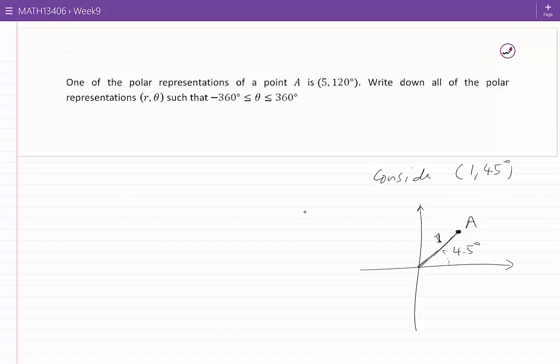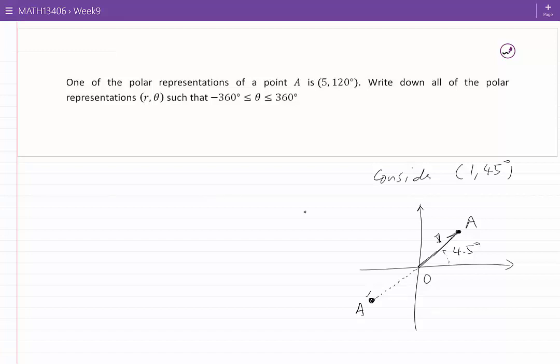Now let's consider the mirror image of point A with respect to the center of the coordinate system. This is going to be a point, I call it A prime, in the third quadrant because A was in the first quadrant. To write down the coordinates of point A prime in polar form, there are two ways we can imagine how to get from A to A prime.